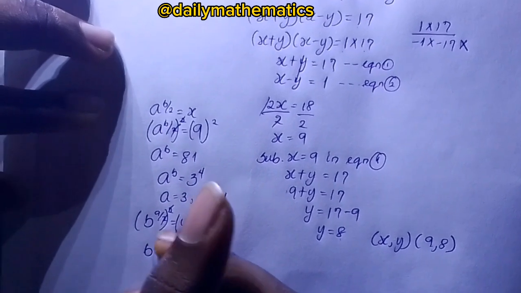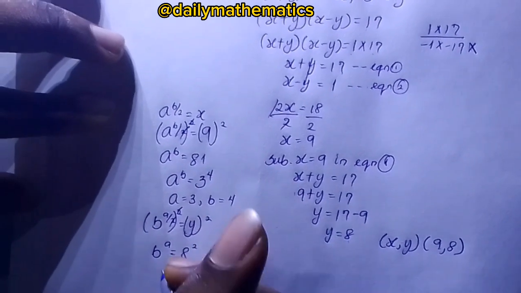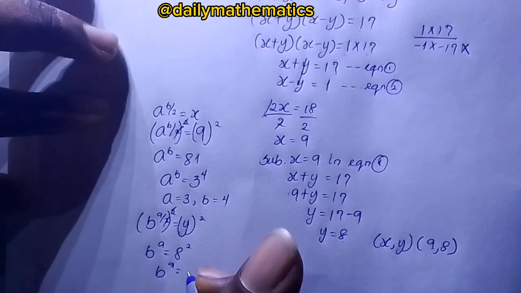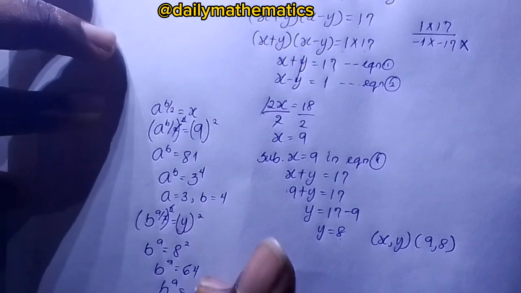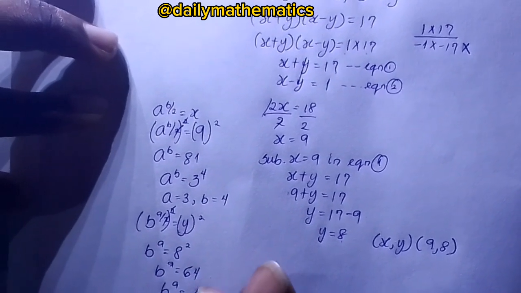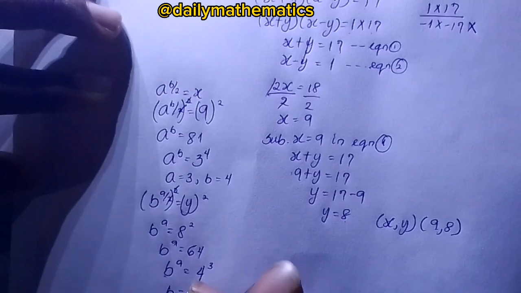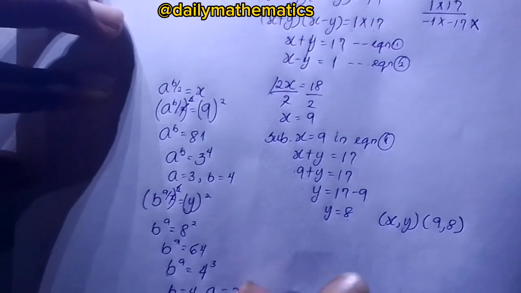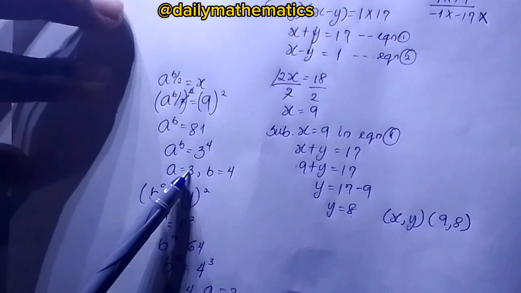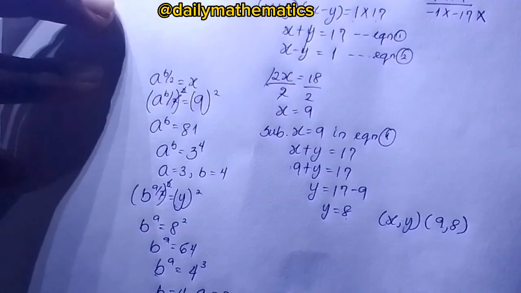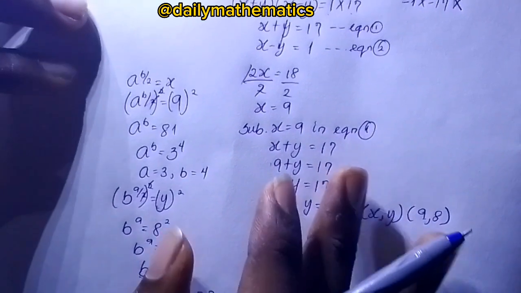We have b raised to the power of a equals 8 squared, which is 64. So b raised to the power of a equals 64, and 64 is 4 raised to the power of 3. That means b is 4, and a equals 3. So you can see that it's the same answer we got before: a equals 3, b equals 4. So we've gotten our values for a and b.